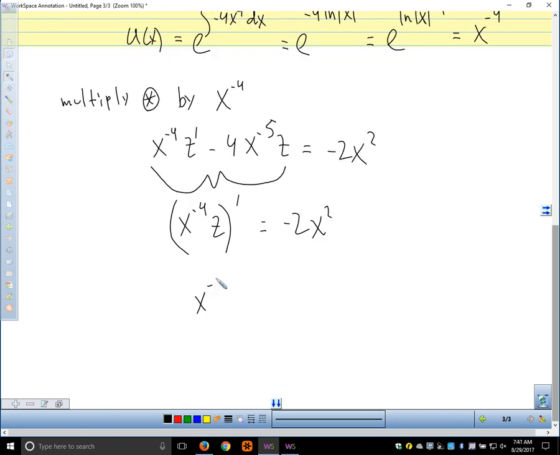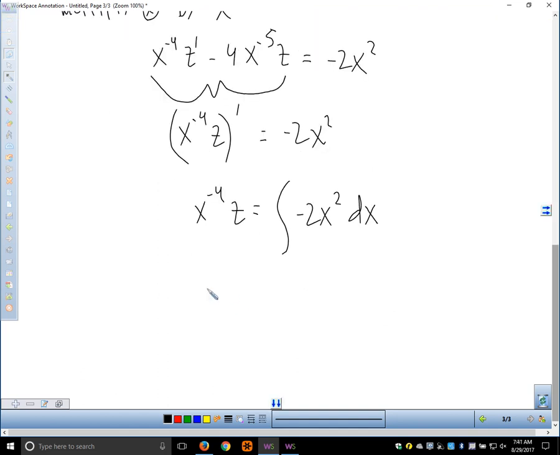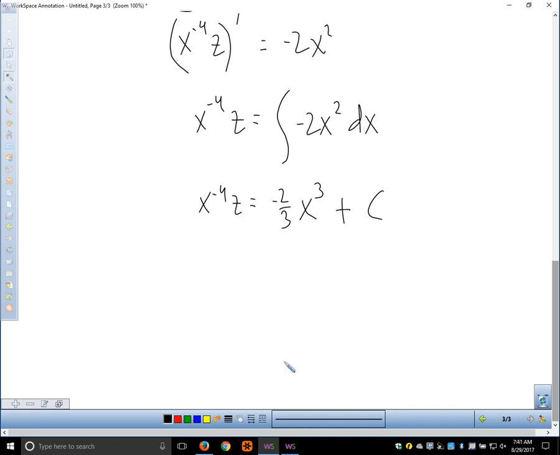So x to the minus 4 z equals the integral of minus 2x squared dx. Easy integral to evaluate: x to the minus 4 z equals minus 2/3 x to the third plus c. And z then, I'm going to multiply by x to the fourth: minus 2/3 x to the seventh plus c x to the fourth.